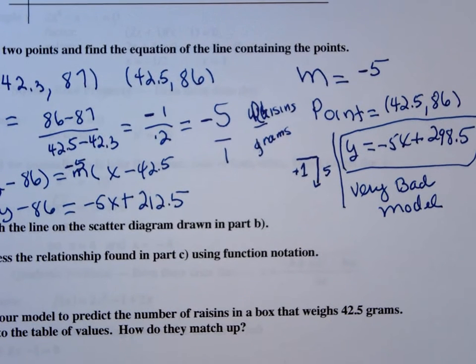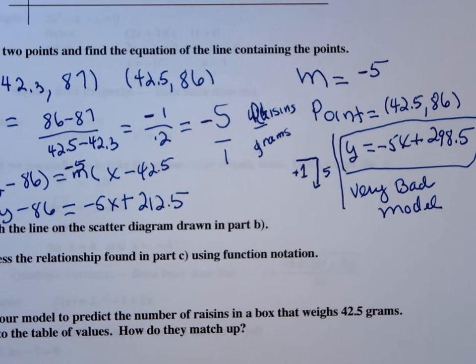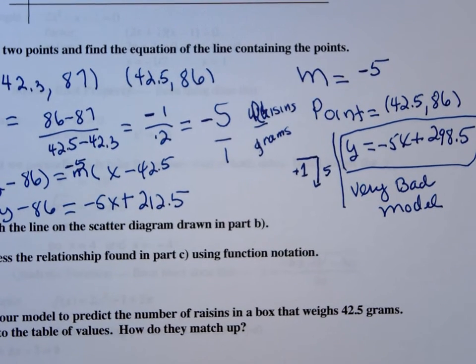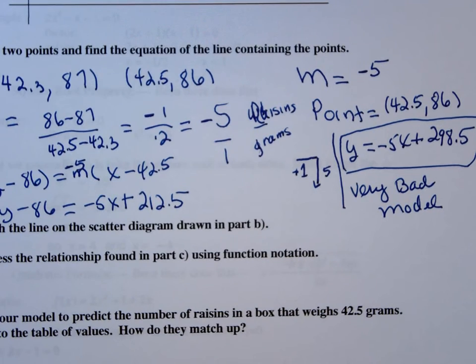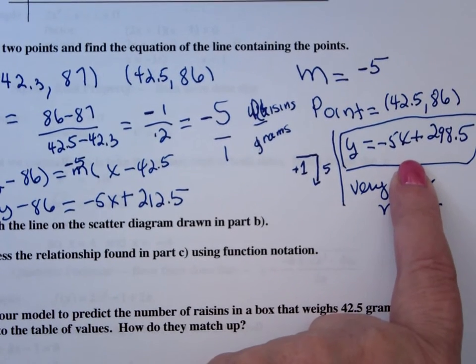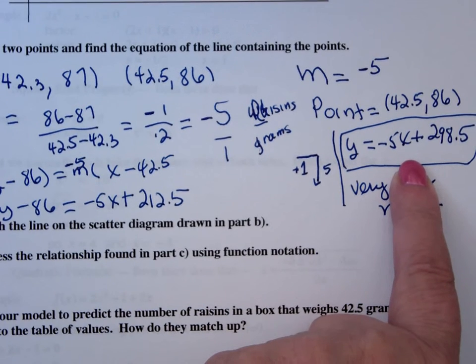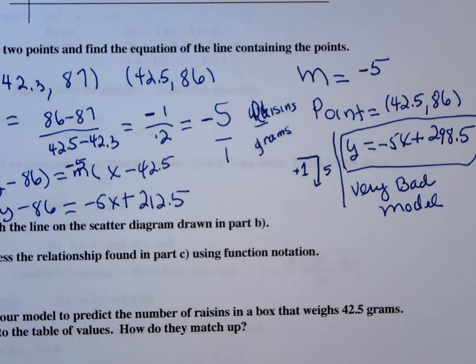Because this says if it weighs nothing, if there are no grams, according to my model, how many raisins do I have? 298.5 raisins. Does that make any sense? No. That is a very bad model.